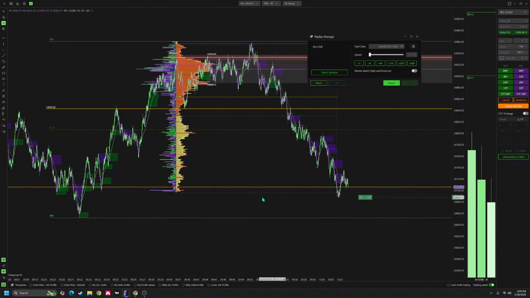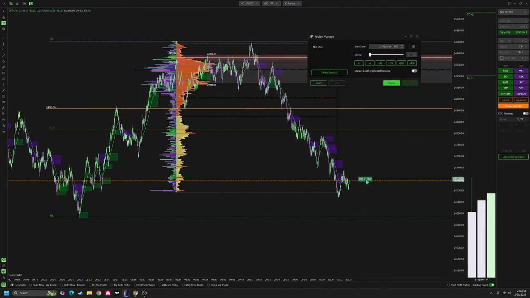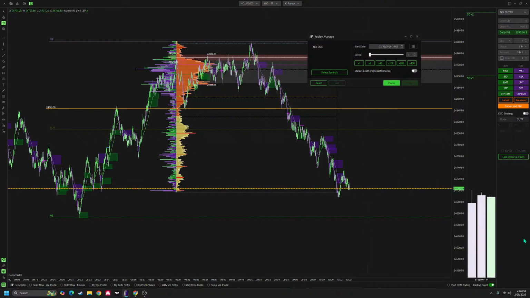Sellers got absorbed here before. Probably market smash it.